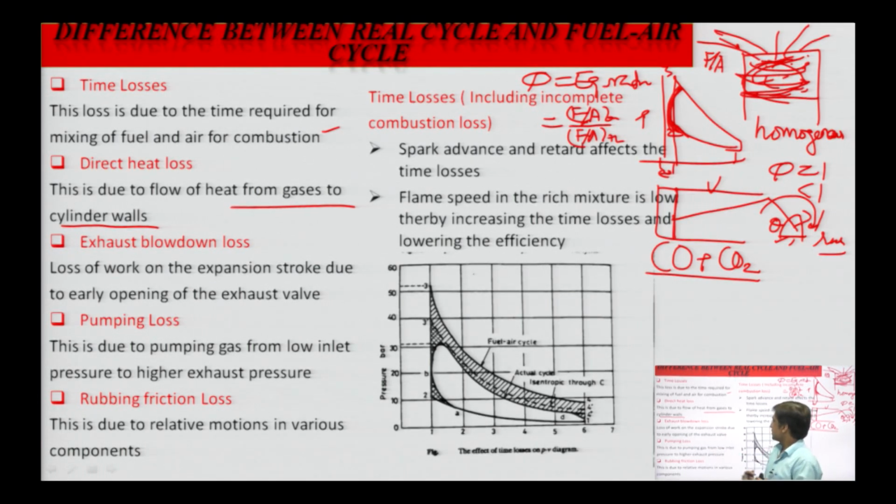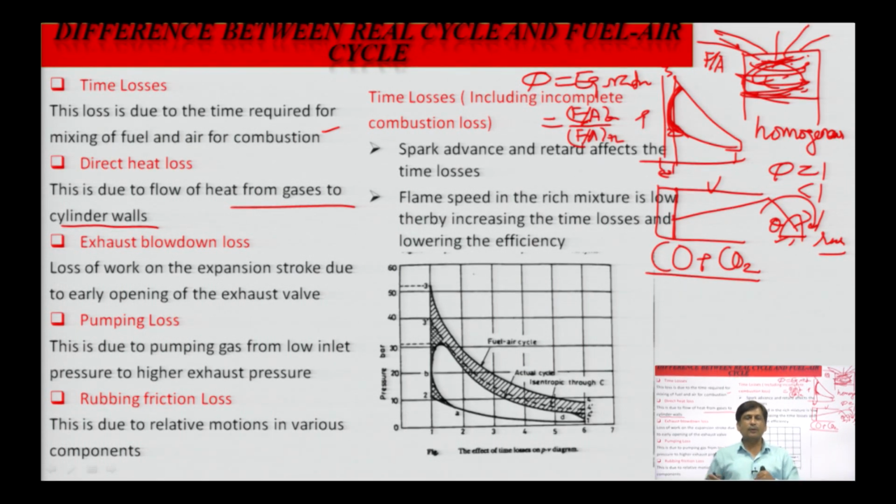Exhaust blowdown losses. What is exhaust blowdown? I will discuss it in detail in the coming slide. In short, it is the loss of work on the expansion stroke due to early opening of the exhaust valve. In the valve timing diagram, we discussed the ideal cycle and the actual cycle. There we saw that the exhaust valve does not open at the bottom dead center; it opens 30 to 40 degrees before bottom dead center.